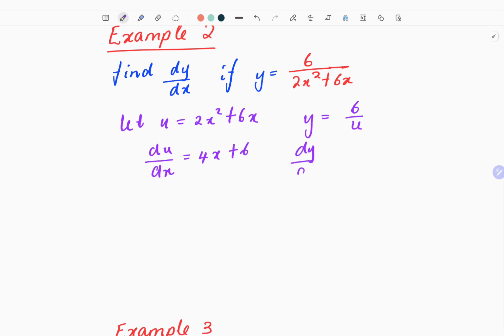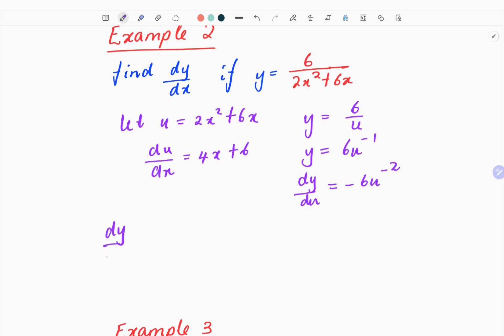Before you actually do the dy/du, you don't want to differentiate when your variable is at the denominator. So you convert that: y is equal to 6u to the power negative 1, using the laws of indices. And therefore, dy/du will become negative 6u to the power negative 2.